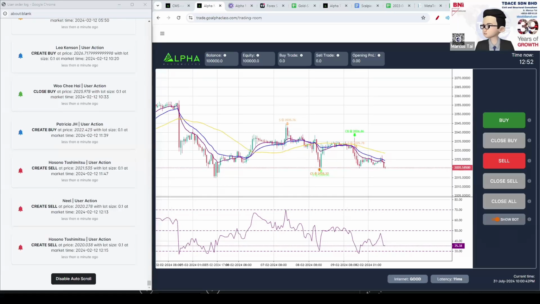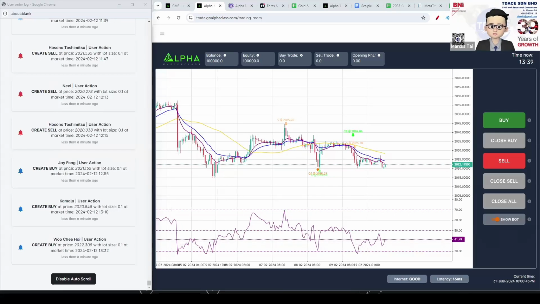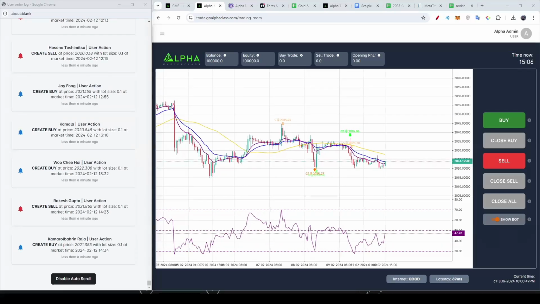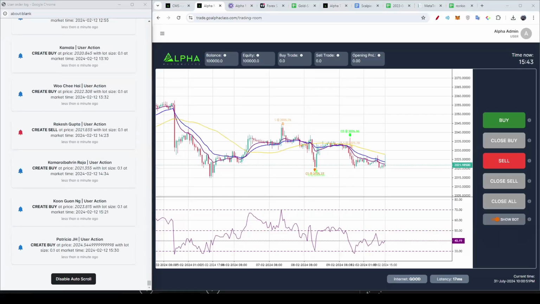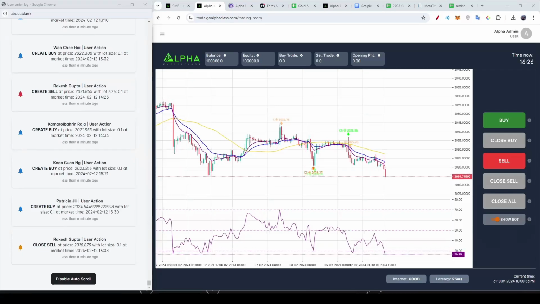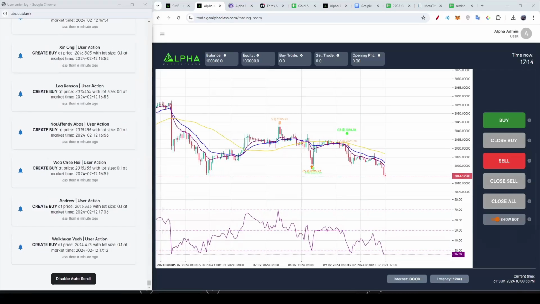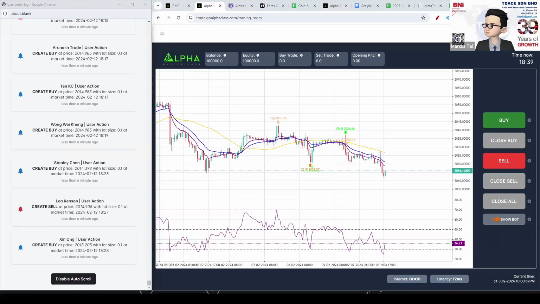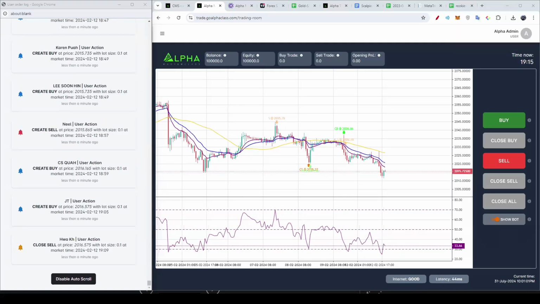Maybe I play the MT4 too much. Now I'm so controlled. I don't know where to go in. Okay, waiting for buying signal. It going way down now already.